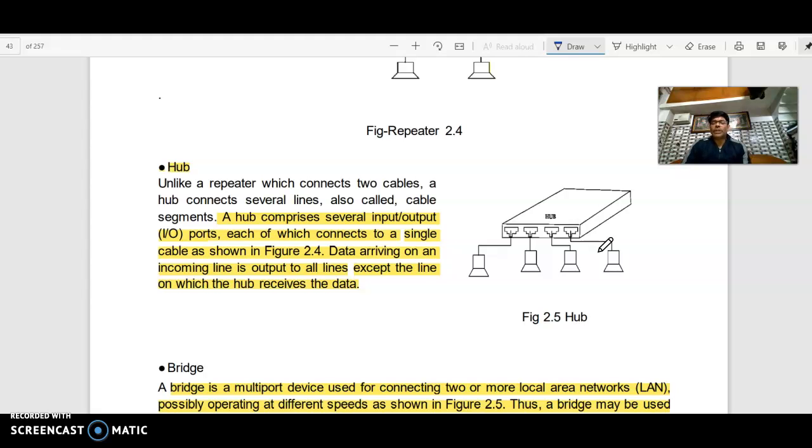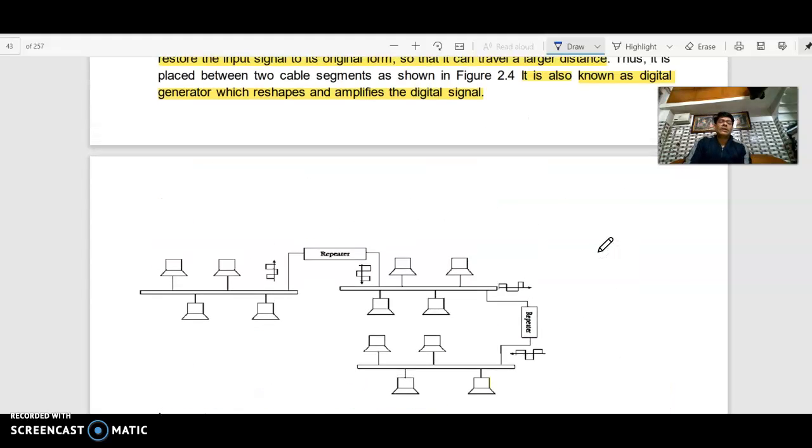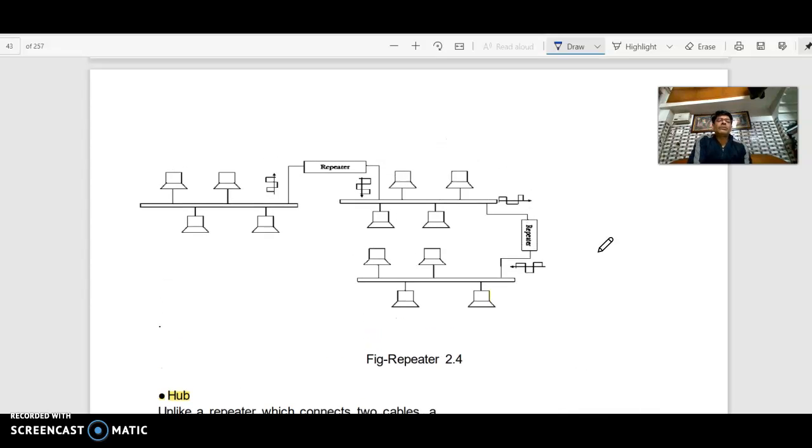Then we have the repeater. Repeater means while sending data from one computer to another computer, or through one network to another network, due to the electromagnetic effect, the signal gets distorted. So to regain the signal into its original form, a repeater is used.